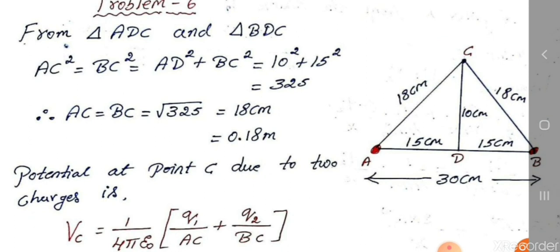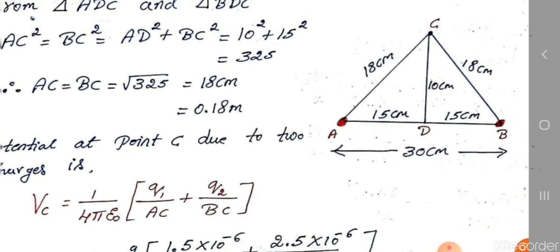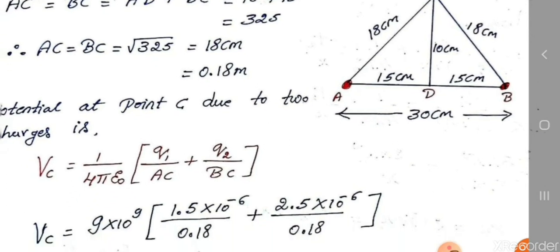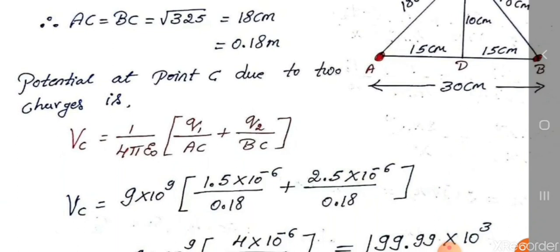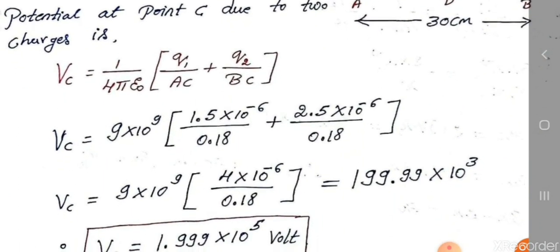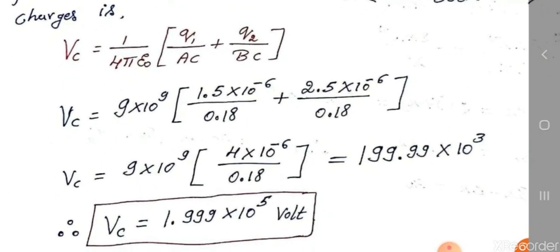Now we have to find the resultant potential at the point C. Resultant means the potential due to the two charges placed at A and B. We know those values, they are mentioned in the question. So the resultant potential at C is 1 by 4 pi epsilon naught, Q1 by AC plus Q2 by BC. Substitute all the values.